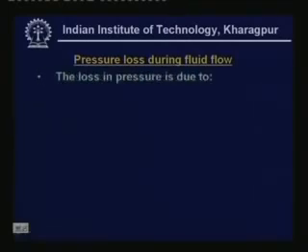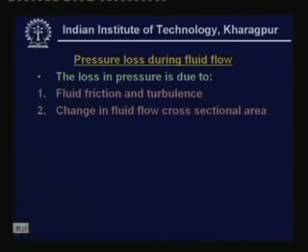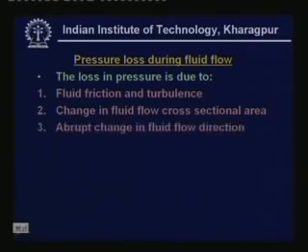Now the loss in pressure is due to fluid friction and turbulence, change in fluid flow cross sectional area, and abrupt change in fluid flow direction. That means the fluid undergoes pressure loss due to these three effects: friction and turbulence, change in fluid flow cross sectional area, and abrupt change in fluid flow direction.